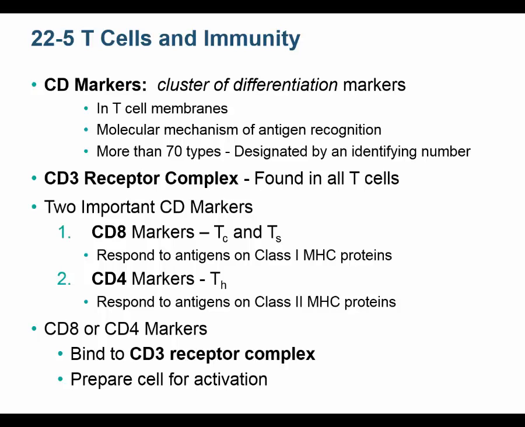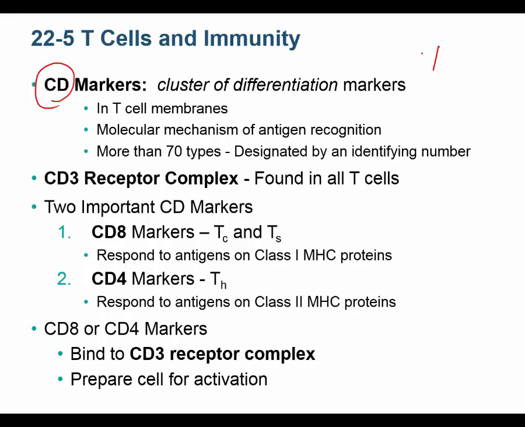Well, before we talk about it, we have to talk about CD4 and CD8. On the T cytotoxics and on the T helper cells, we have these cluster of differentiation, or sometimes called cluster of designation markers. They're called CD markers. All right.